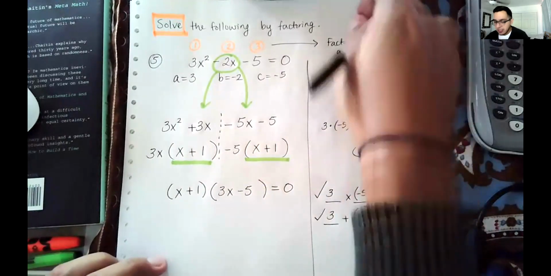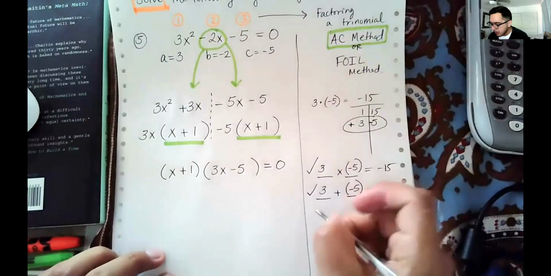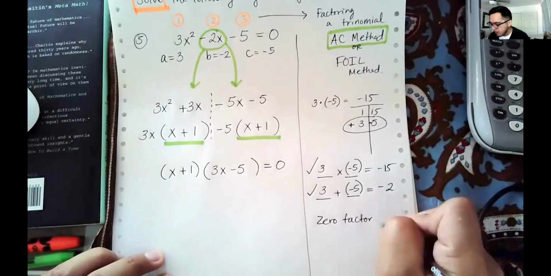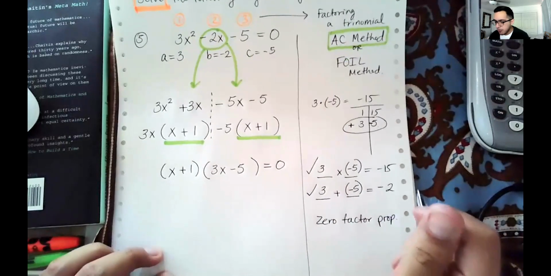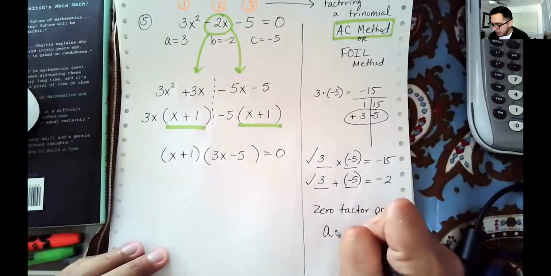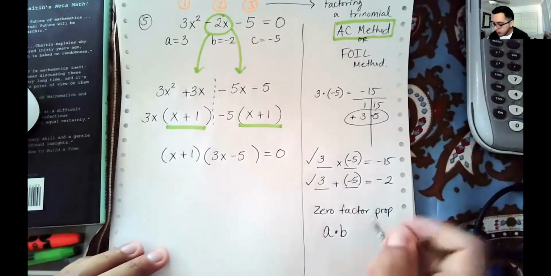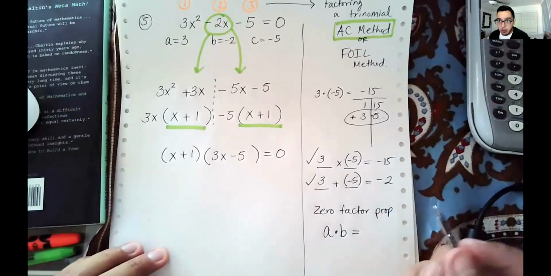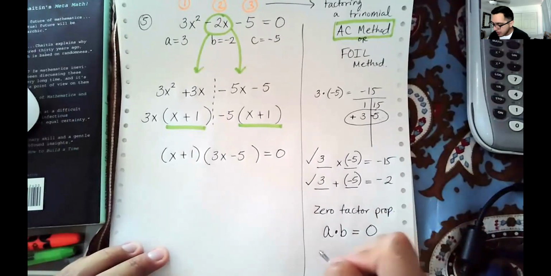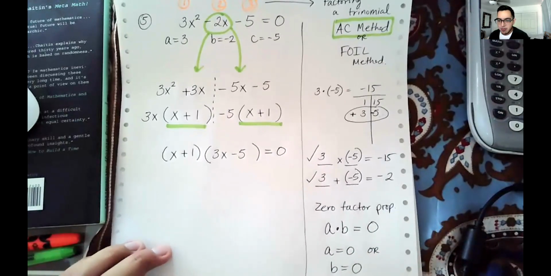I'm sure that Ms. Cottier has covered with you guys something called the zero factor property. And the zero factor property is really simple. It just says that if you have A times B, you have two things that you're multiplying together, they could be numbers, they could be polynomials, if you get 0, what that means is that either A is equal to 0 or B is equal to 0.